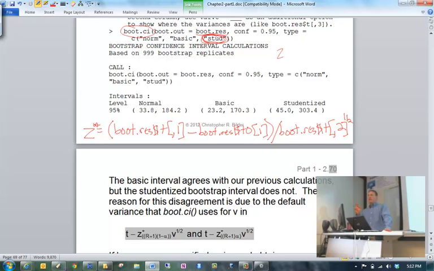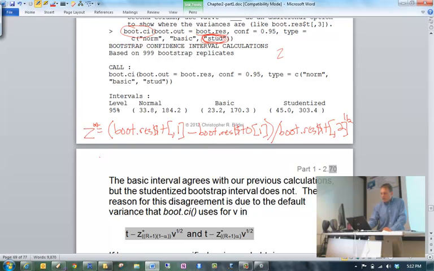So it automatically always looks to the first column for T. It automatically always looks to the second column for the variance. Even if you had, let's say, a calc.t that for some reason calculated 3 different things, it always looks to the first and the second column. Look at the help for boot.ci. There are ways to change that. There are arguments that you can give.